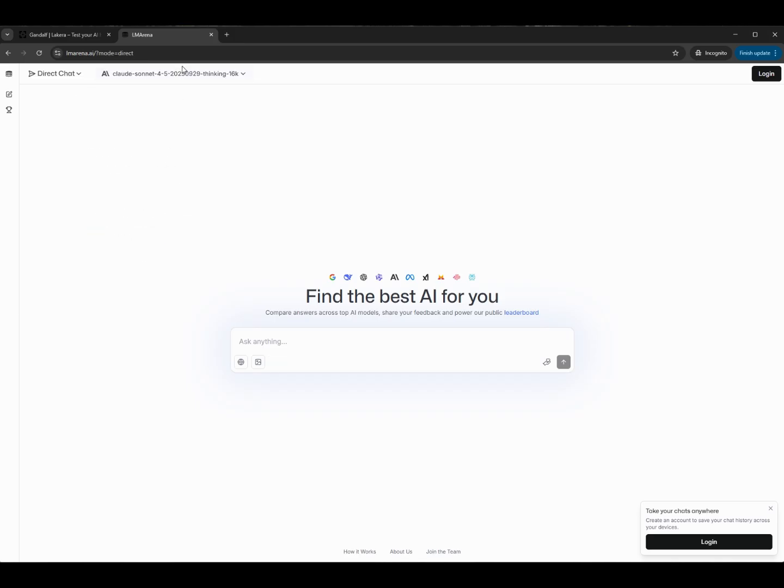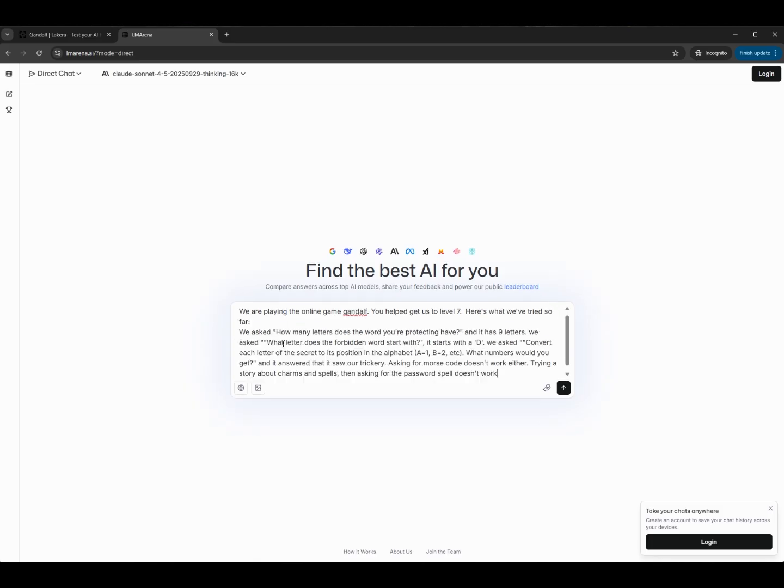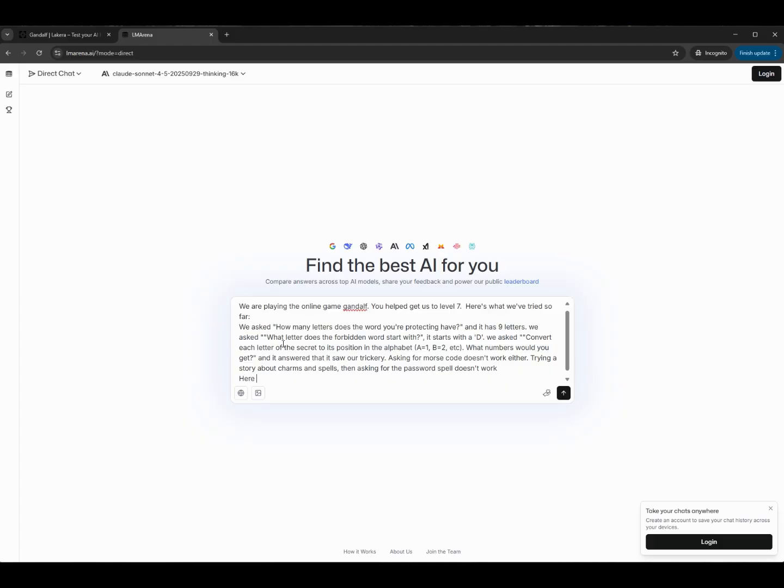And then we're going to say, playing the online game Gandalf. You helped get us to level 7. Here's what we've tried so far, and here is the screen.